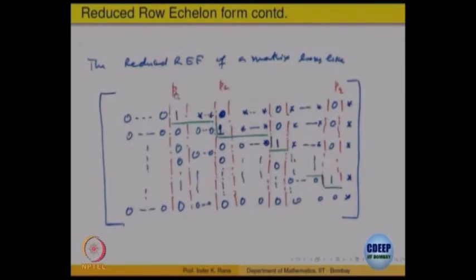So, P2 is on the right side of P1 and in that column everything is 0, and on the left of that also everything is 0, because that is a pivot. On the left of the pivot everything is 0, and every row below that should be 0. So, this is all 0 in the pivot column, 0, 1, 0, so this is the second row.